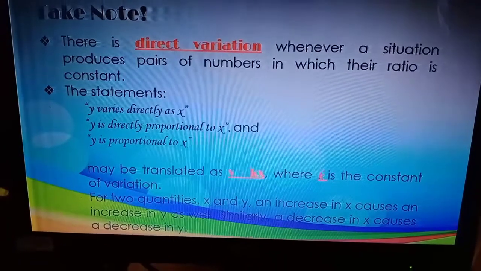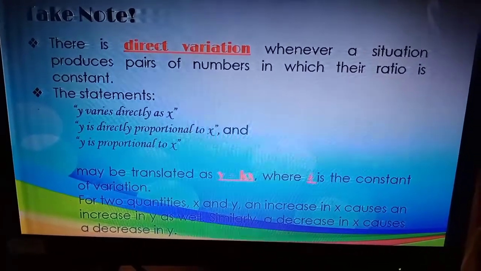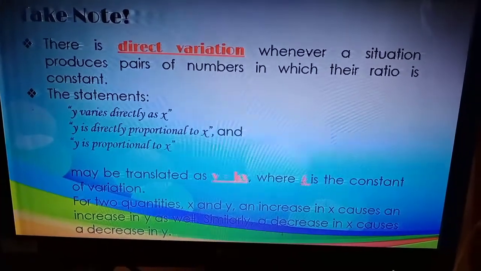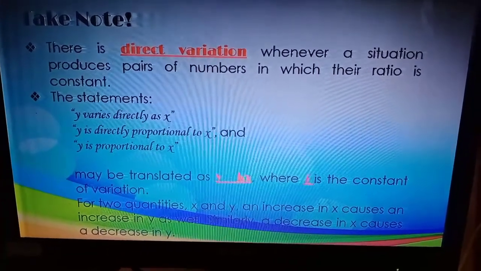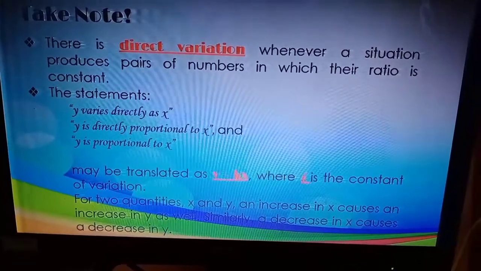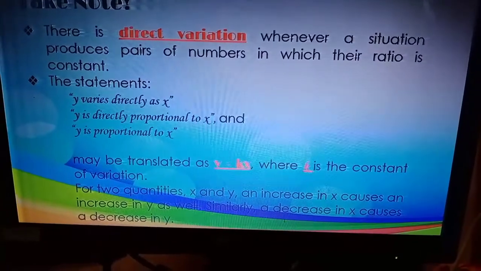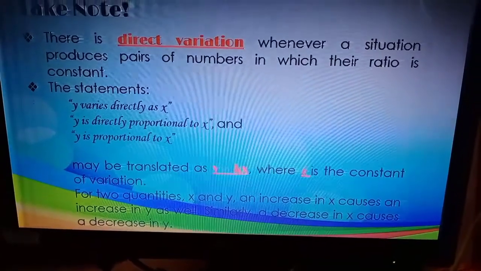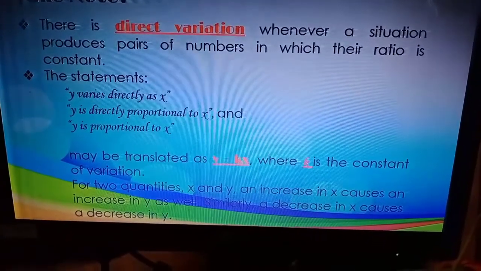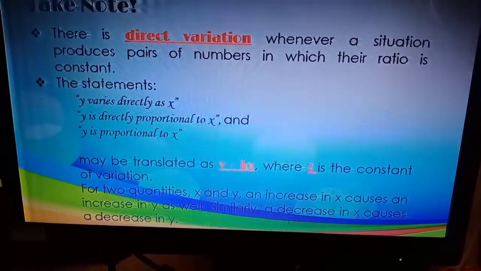We answered doubled also, and if the number of kilograms is tripled, then the number of points will also be tripled. That's for direct variation. Whenever x increases, y also increases, or whenever x decreases, then y also decreases. It's direct.